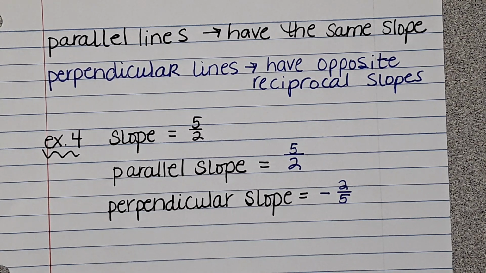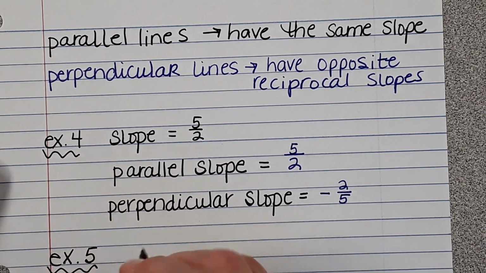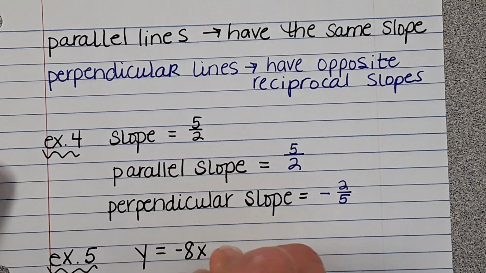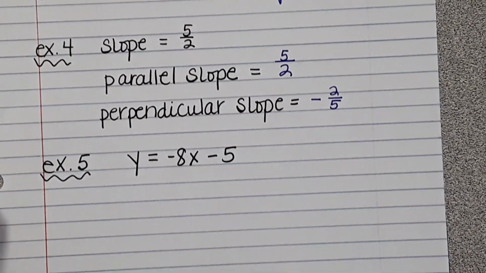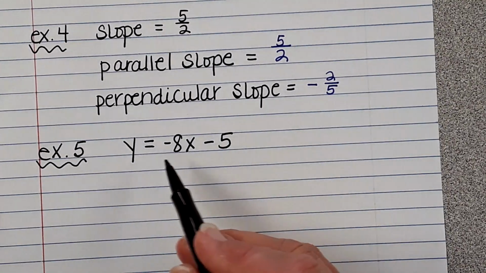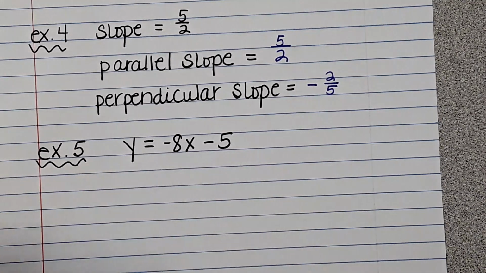So what I'm really going to do is I'm going to give you a line, and you need to focus on the line. When you are given a problem, they're going to give you a line. This is a line. What form is this in?